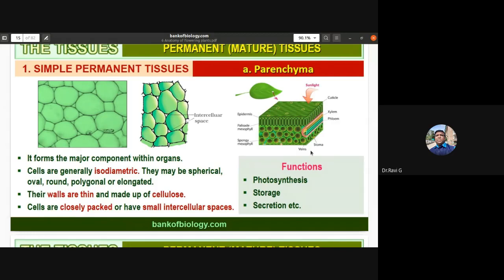Then there is the prosenchyma. Some of the cells of parenchyma are elongated and thick walled, and we call them prosenchyma. Parenchyma found associated with xylem, we call xylem parenchyma. Parenchyma associated with phloem, we call phloem parenchyma. Then there is conjunctive tissue, parenchyma found in between the xylem and phloem patch in root.